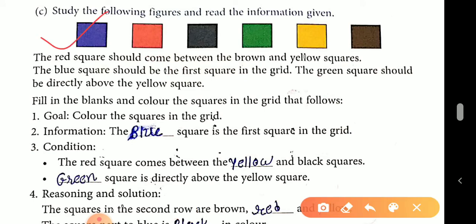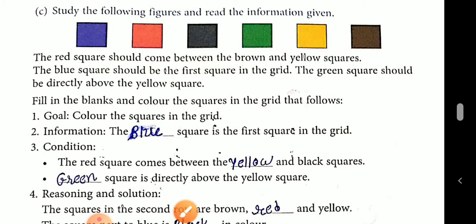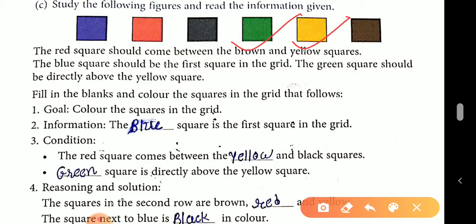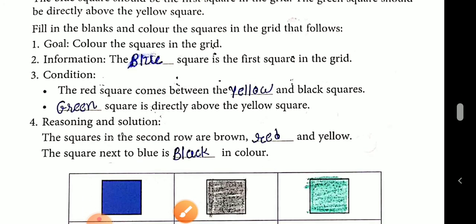square. Third question. Your condition. The red square comes between which colors? Yellow and green. Now your reasoning and solution.